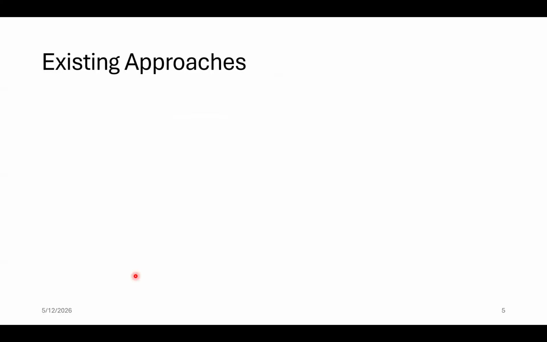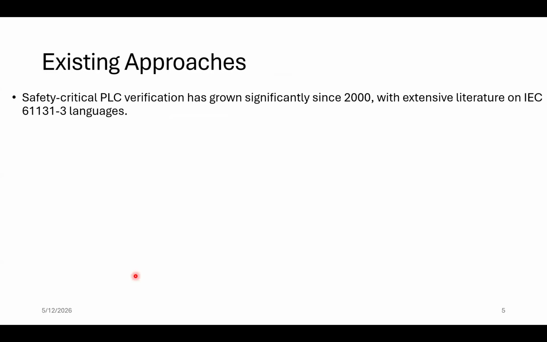Now, you might ask one question: are there not already tools and techniques available for PLC verification? The answer is yes. In safety-critical systems, PLC verification has grown significantly since 2000, with extensive literature on IEC 61131 compliant languages.